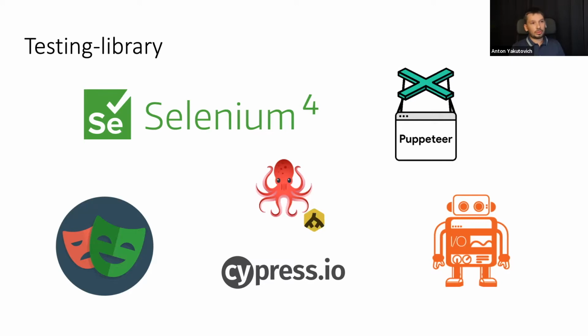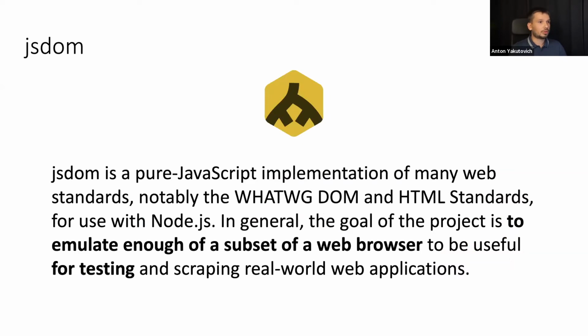So under the hood, testing library uses JSDOM. That's what this tool is about. JSDOM is just a library, and the main goal of this library is to emulate enough of a subset of web browser standards to be useful for testing.